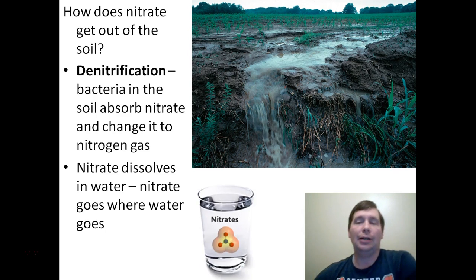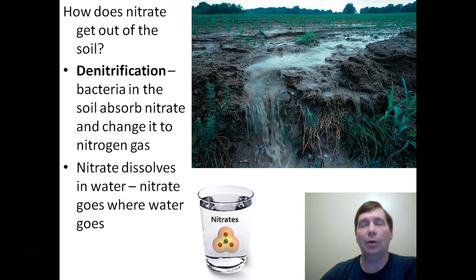The other way you can get nitrate out of the soil is by using water. Remember, water is a universal solvent, and more things will dissolve in water than anything else. Well, nitrate is no exception. Nitrate dissolves in water like nobody's business. It dissolves in water very, very easily.